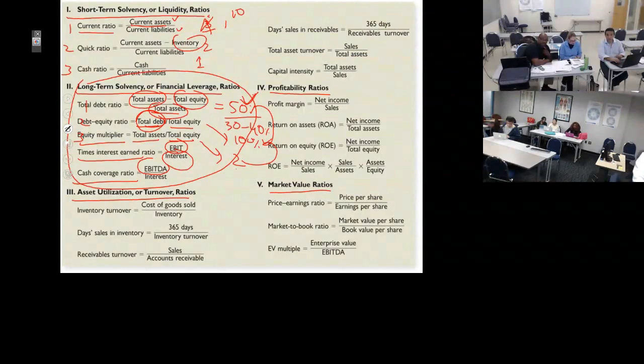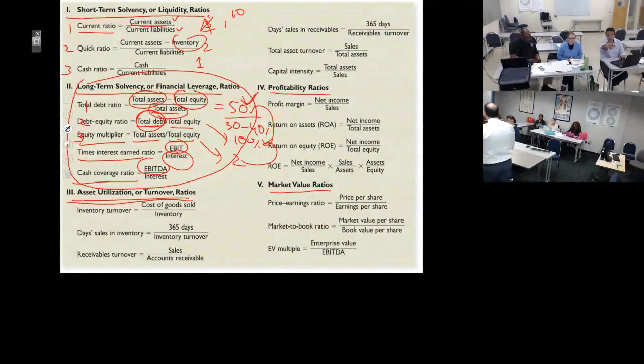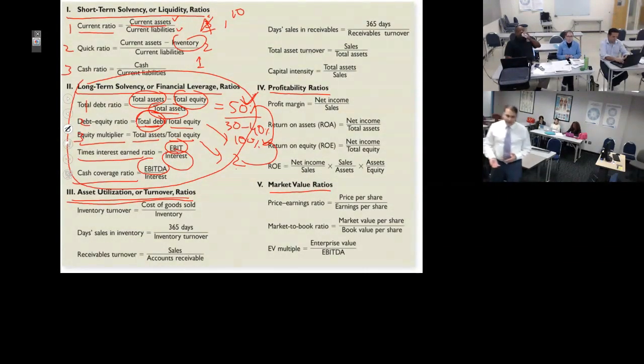Okay, so the third category is asset utilization ratios. What this is going to tell us is how efficient the company is in terms of using its assets. What do we mean by utilizing assets? If we have inventory and we can quickly sell it, we are efficient in turning our inventory over into receivables.